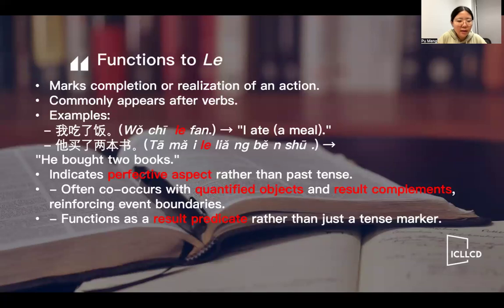So the le is after the verb 买, bought, and means the action of buying is complete and realized in this sentence, and indicates a perfective aspect rather than the past tense. And we know English has tense and aspect.